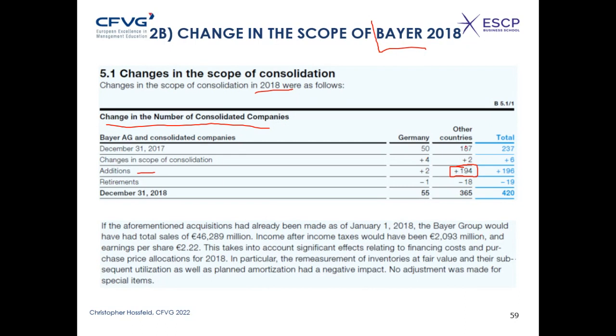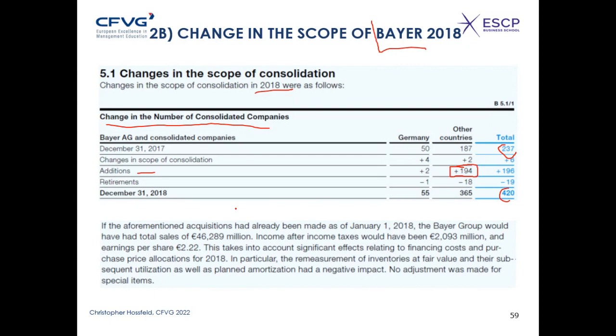So the scope went from 237 at the beginning of the year to 420 at the end of the year. Well, that's 200 more companies basically in the scope. So what happened here? Well, Bayer company acquired Monsanto, the American company, and therefore the scope obviously exploded.